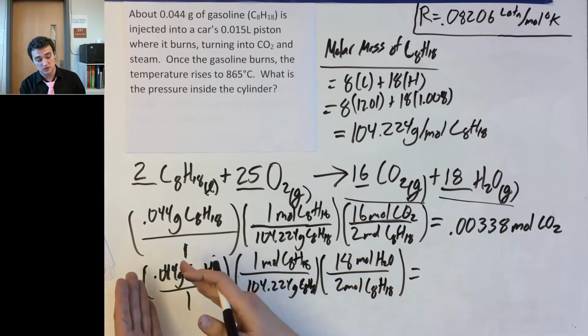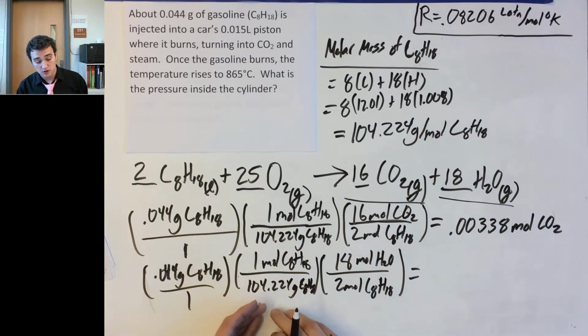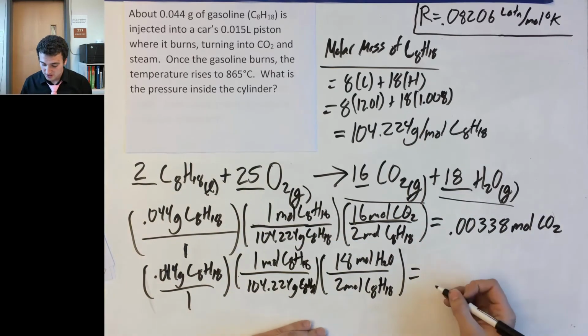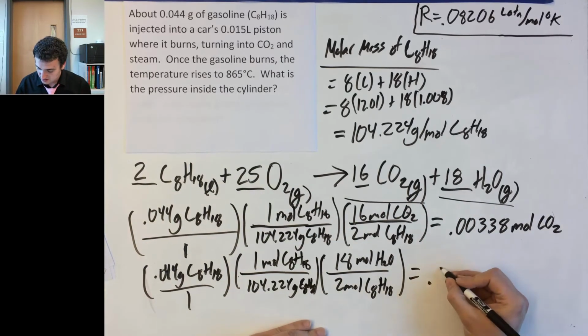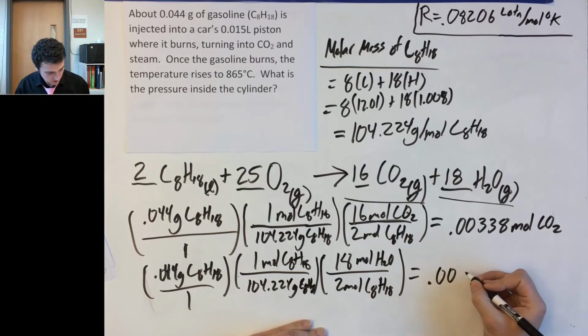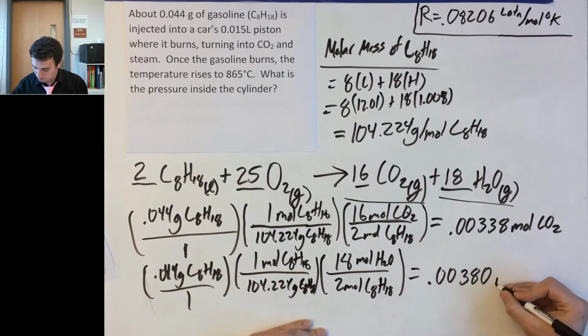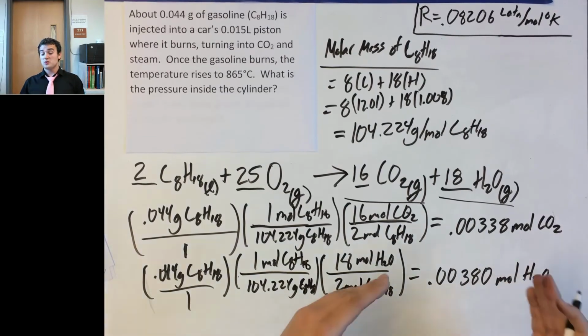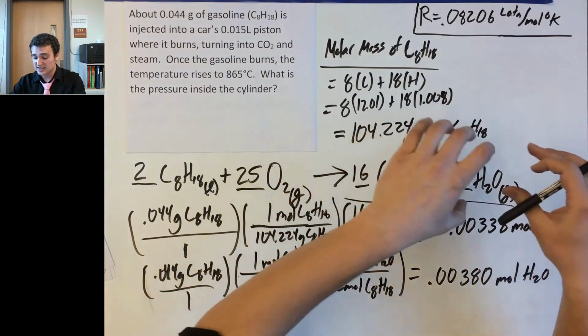We do 0.044 divided by 104.224 times 18 divided by 2, and I end up with 0.00380 moles of H2O. So now I have my moles of this gas and my moles of this gas.